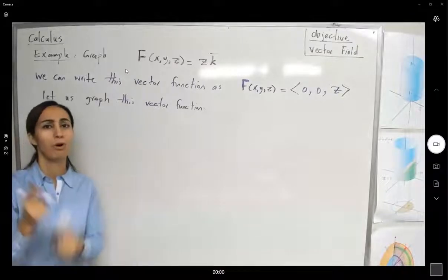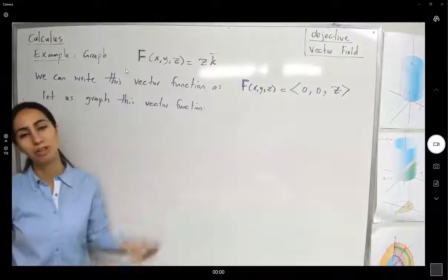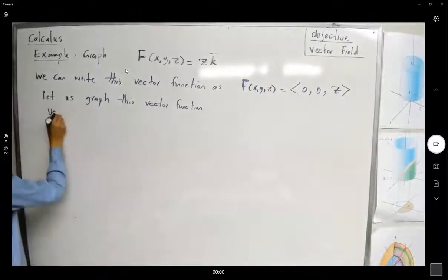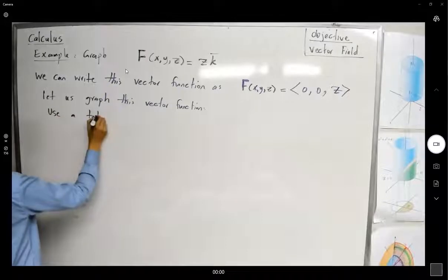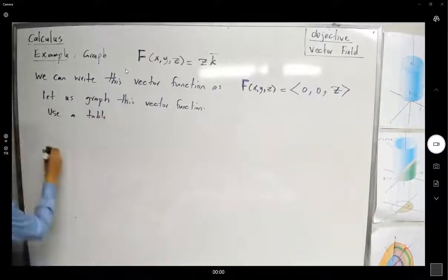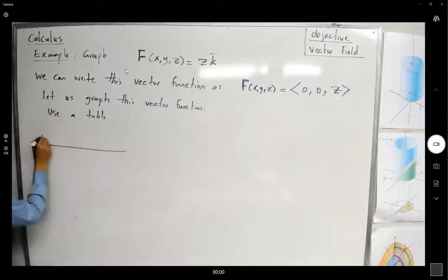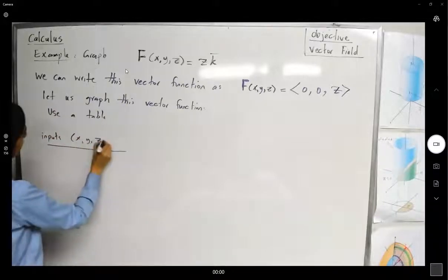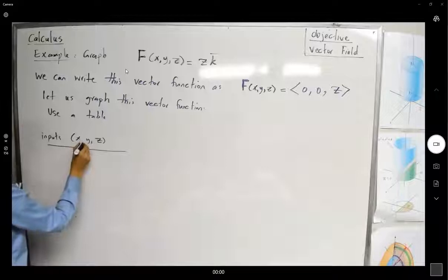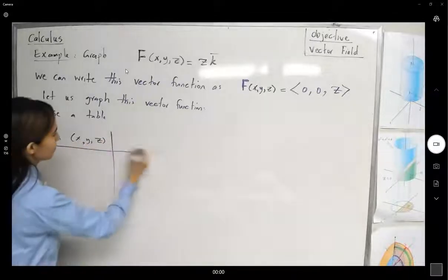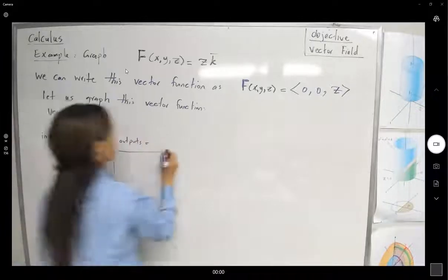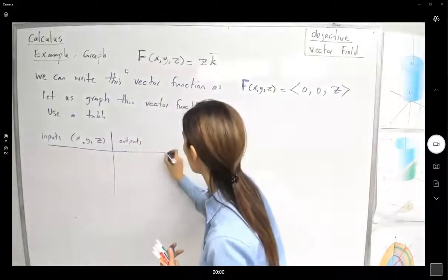We take some points, we plug those into the function and start graphing. Use a table. You have some input values like x, y, and z, and also you have outputs. Outputs are just vectors 0, 0, and z.